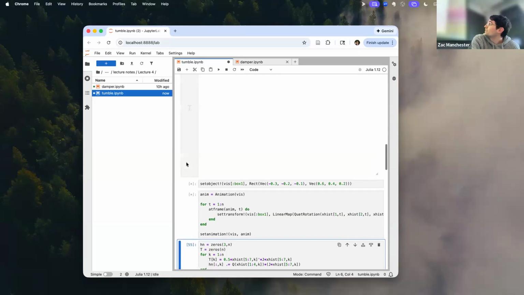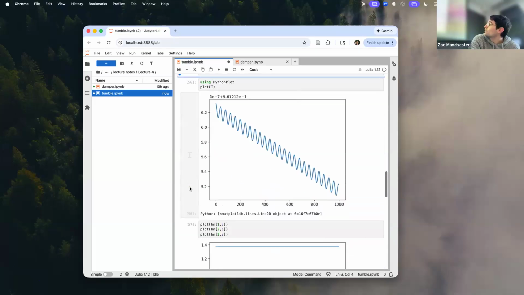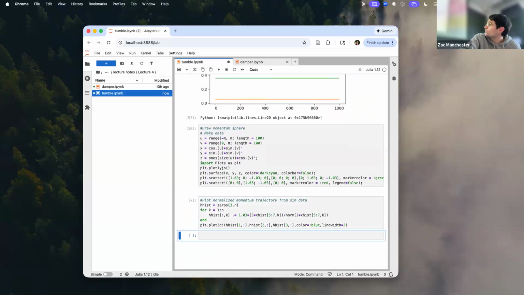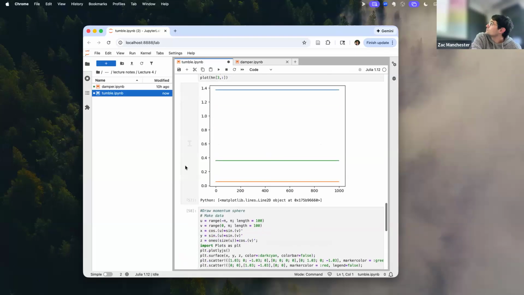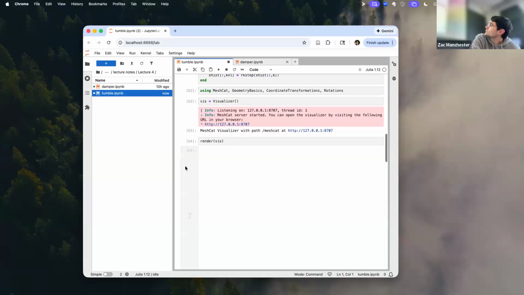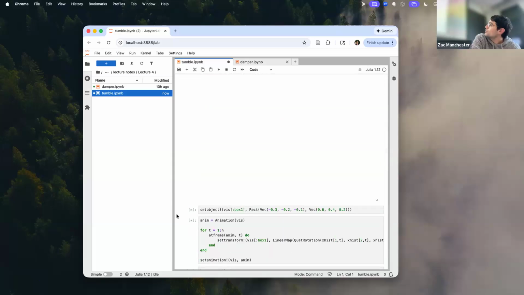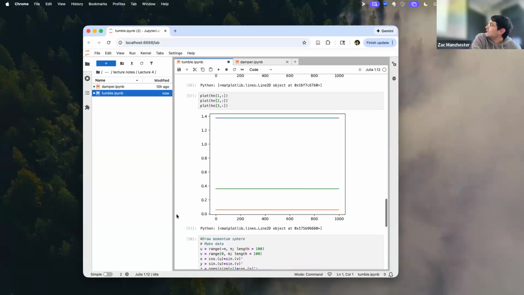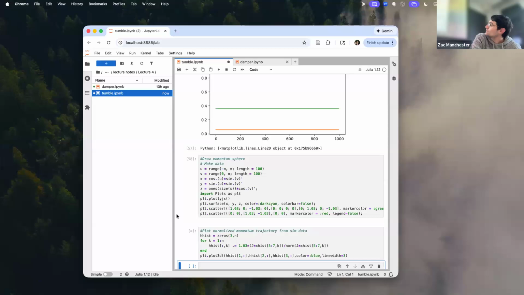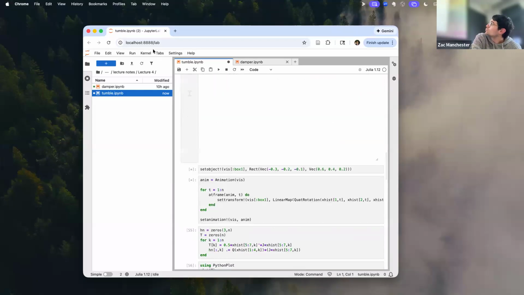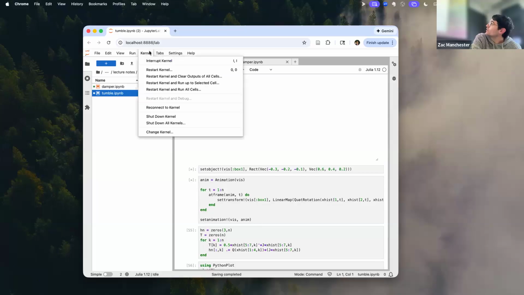That looks like it's being really slow. I'll try to plot that. Meshcat is not happy right now. The animation thing is hanging, which is annoying. All right, we're gonna kill that, maybe.